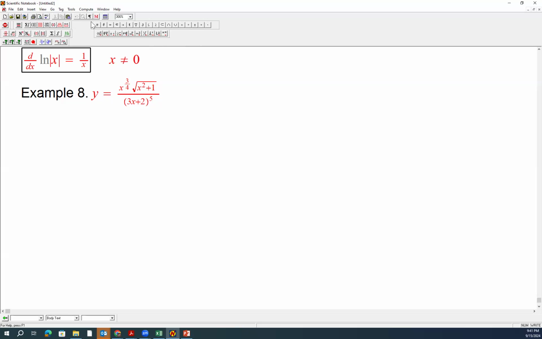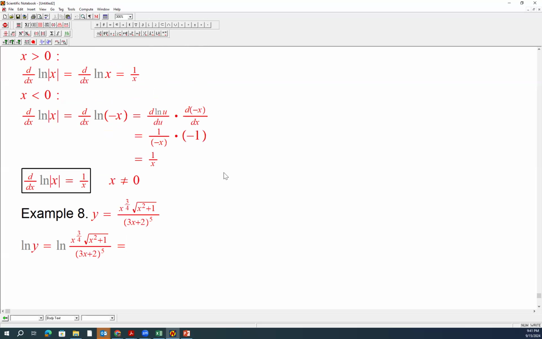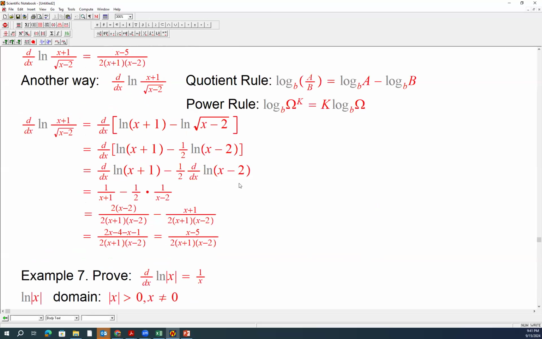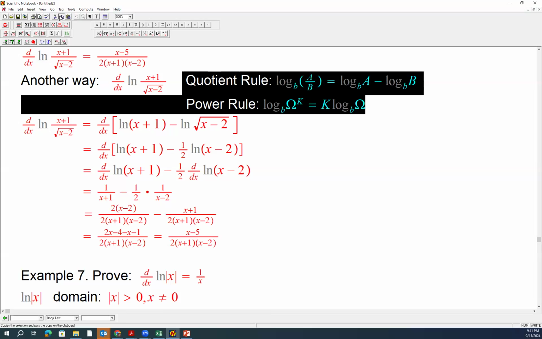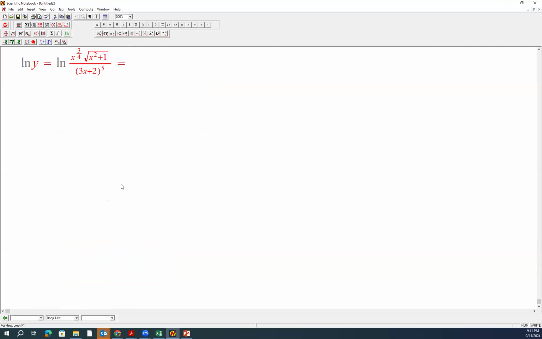We can introduce a logarithm. So we're going to take ln on both sides, and then apply the product rule, quotient rule, and power rule as we wish.